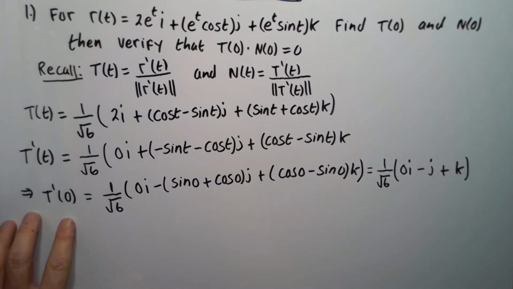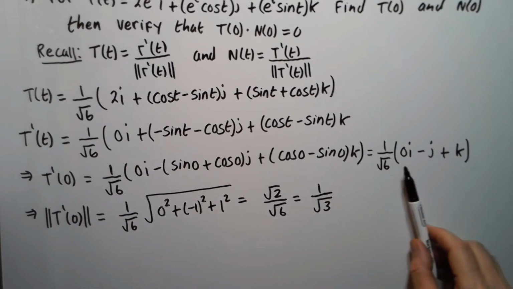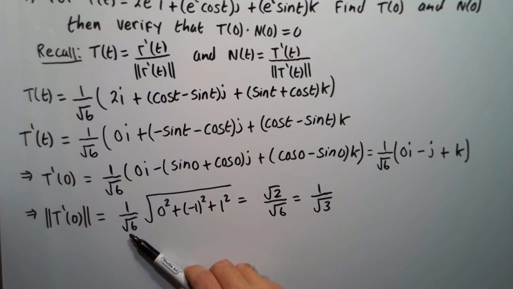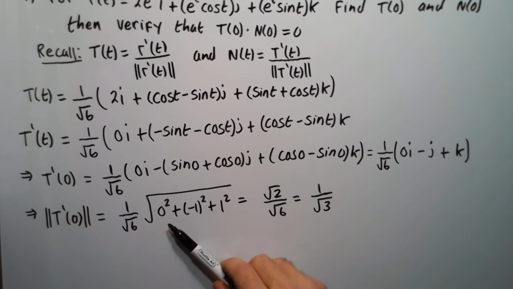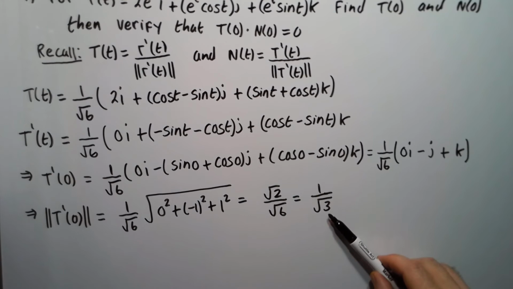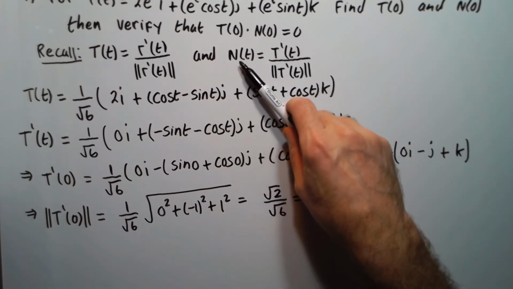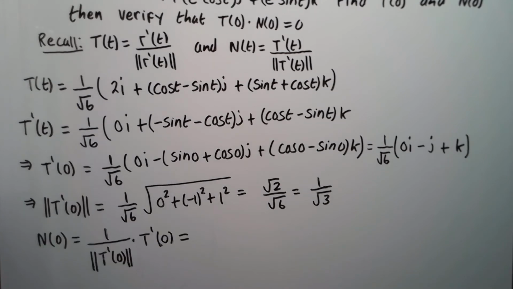Let's now find the magnitude of this. The magnitude of capital T prime of 0 is going to be 1 over square root of 6 in front, times the square root of 0 squared plus minus 1 squared plus 1 squared. This is going to be square root of 2 inside there, so it'd be square root of 2 over square root of 6, which reduces to 1 over square root of 3. So now let's find N of 0. Capital N of 0 will be 1 over magnitude of capital T prime of 0 times capital T prime of 0.